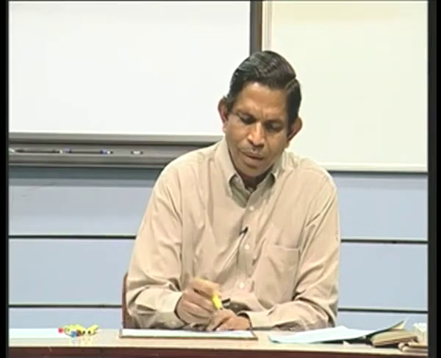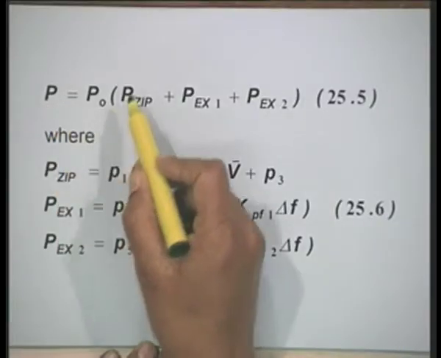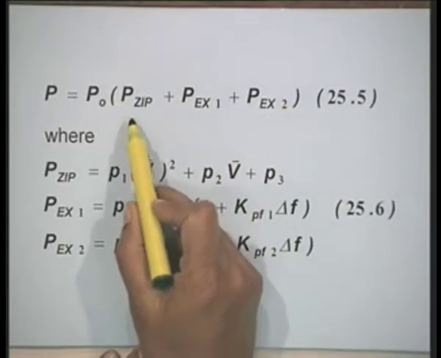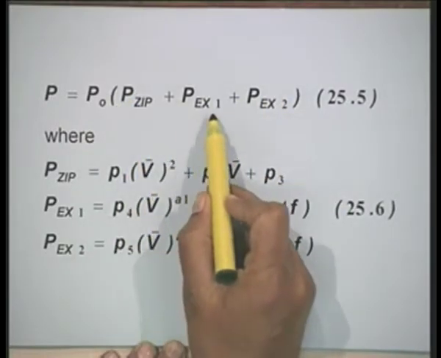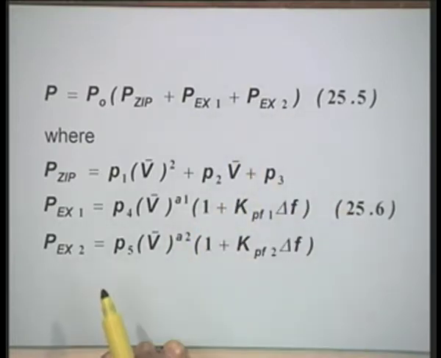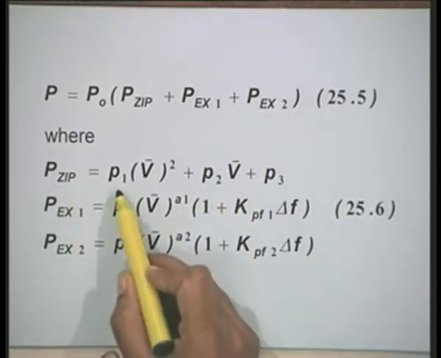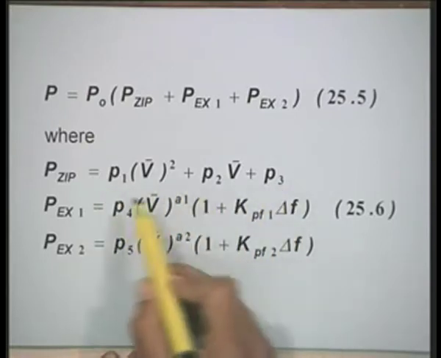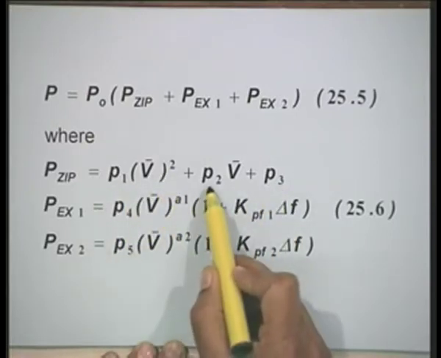In the literature, there is one more way of representing the static loads. That is, the static load model can be represented as P equal to P naught multiplied by P ZIP plus P EX1 plus P EX2, where P ZIP is represented by this expression P1 V bar square plus P2 V bar plus P3.